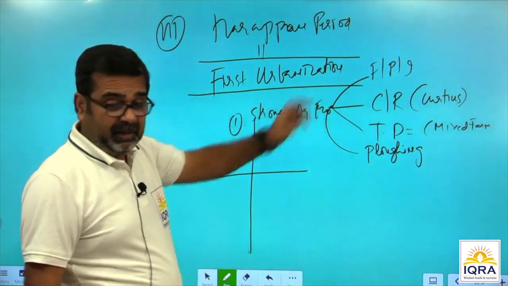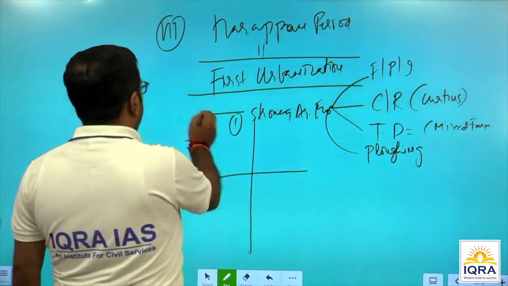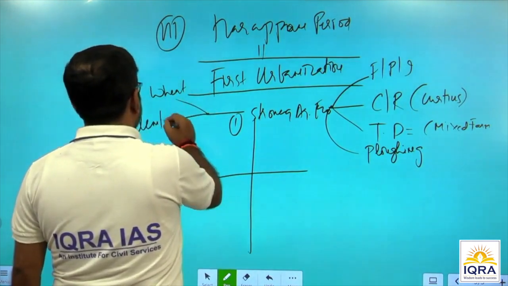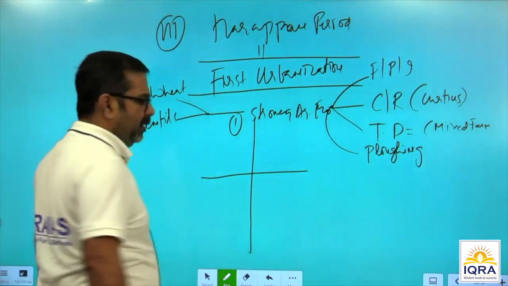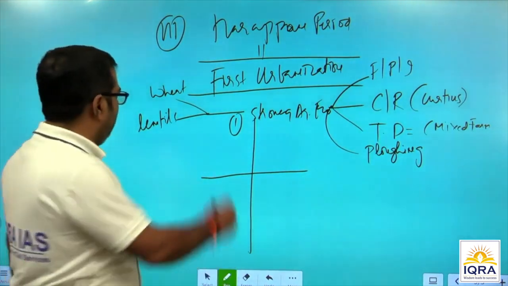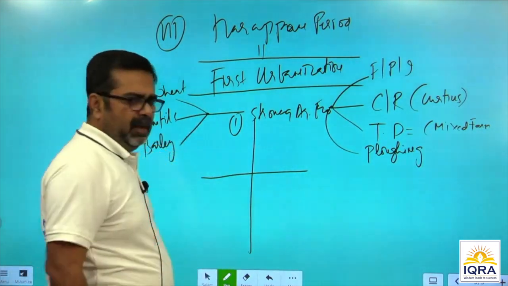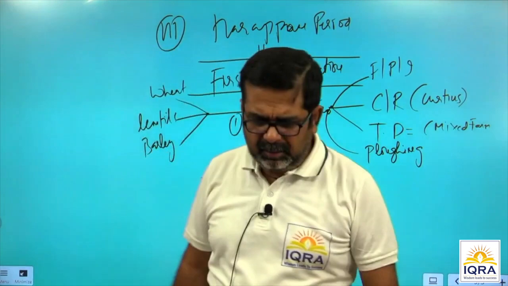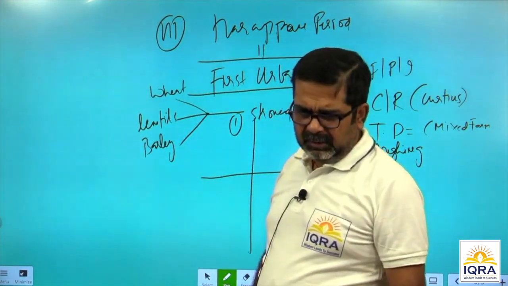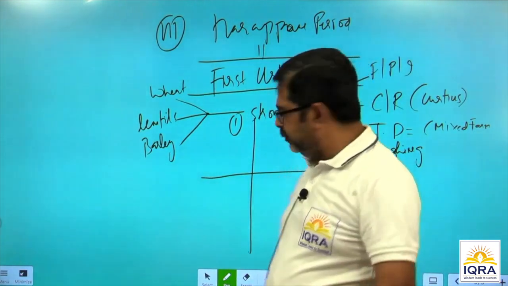Agricultural economy. Why? How? Wheat, lentils, barley, rice is also seen from Lothal. Strong agricultural economy.